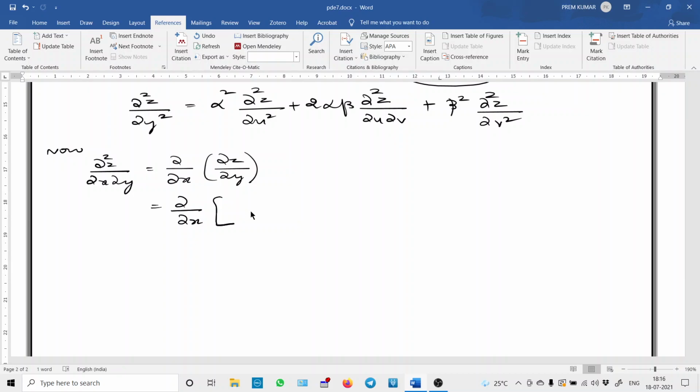Check: alpha into ∂z/∂u plus beta into ∂z/∂v.